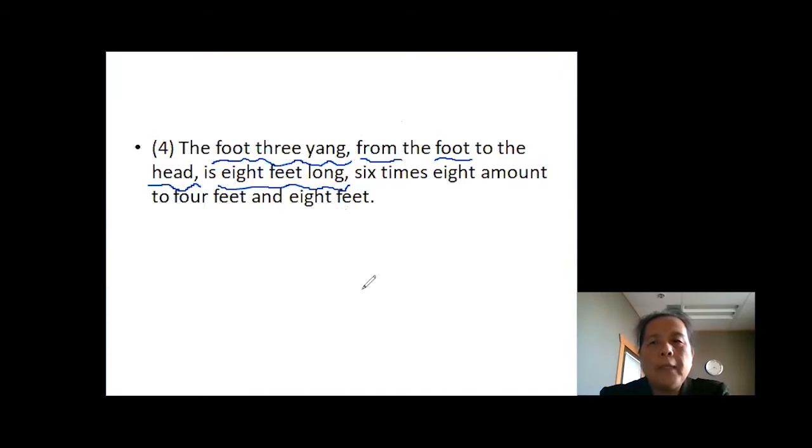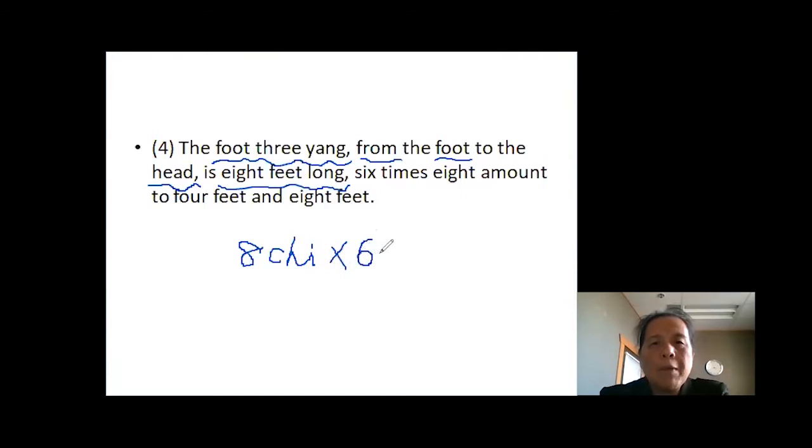Certainly, the foot meridian is longer compared with the hand meridian. So 8 feet, or 尺, times 6, still 6, 3 yang on both sides.